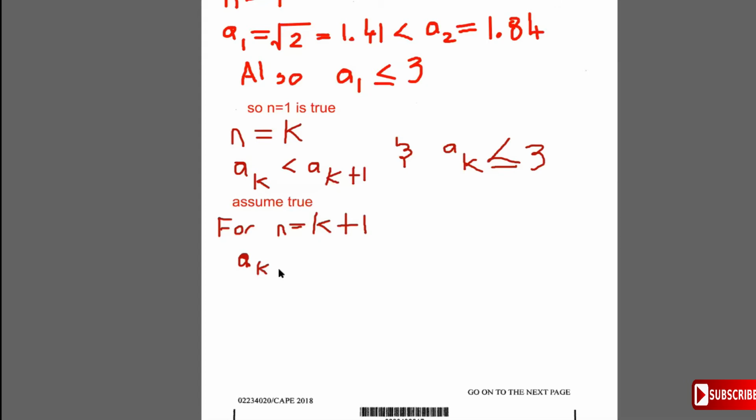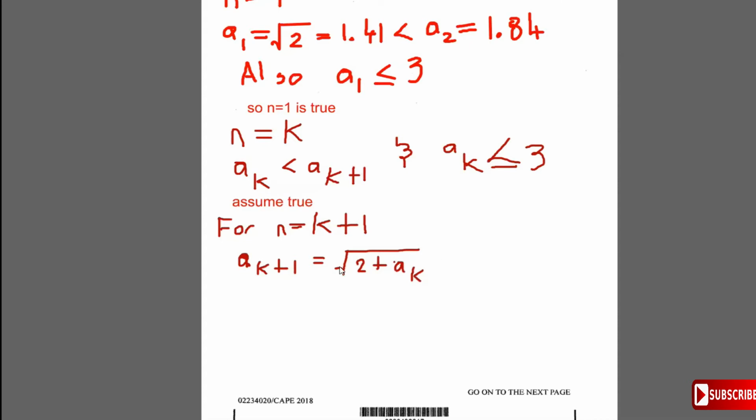But remember, ak plus 1 is equal to the square root of 2 plus ak, don't it? Yeah, man. This is what ak plus 1 is equal to.